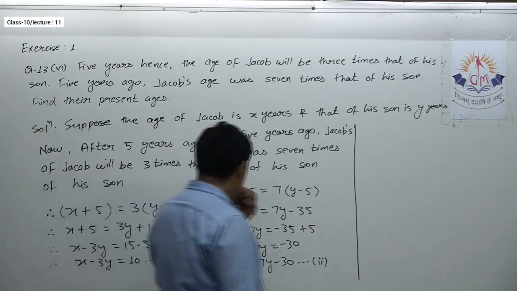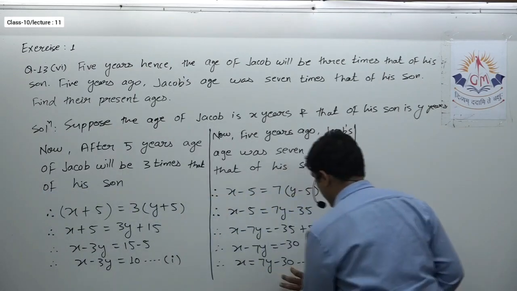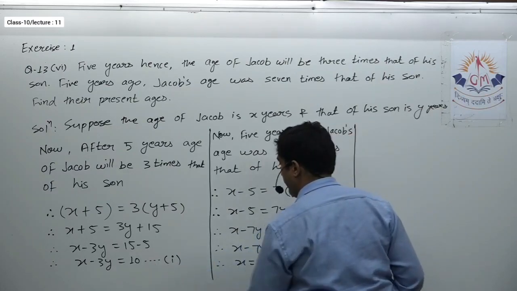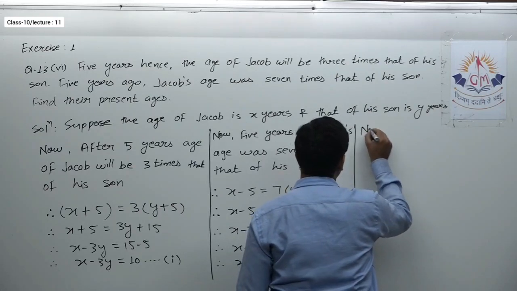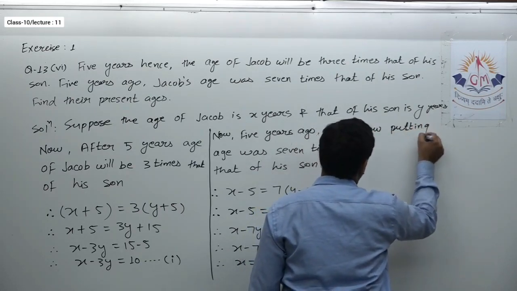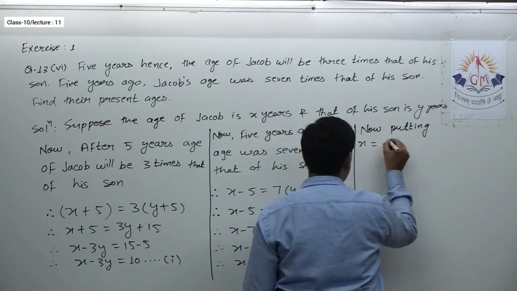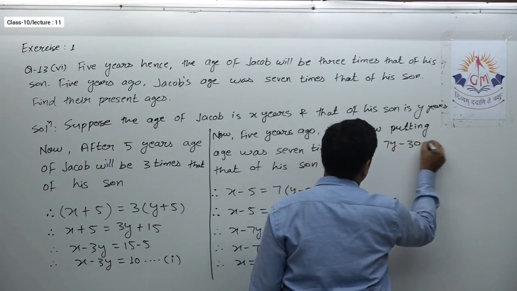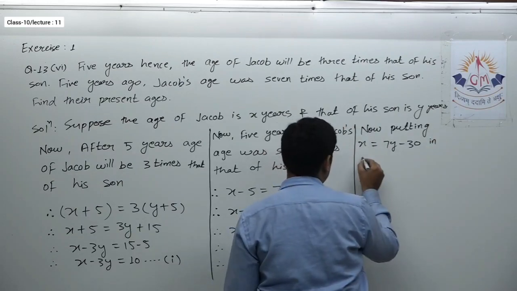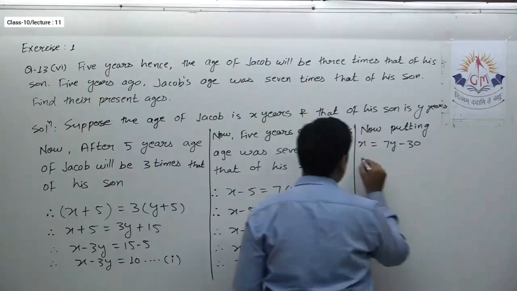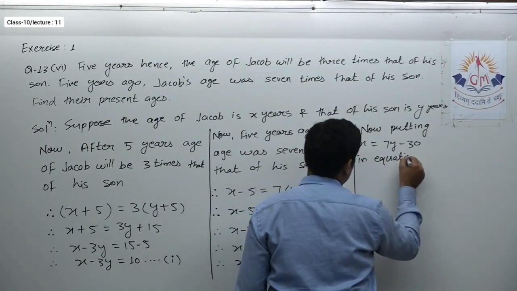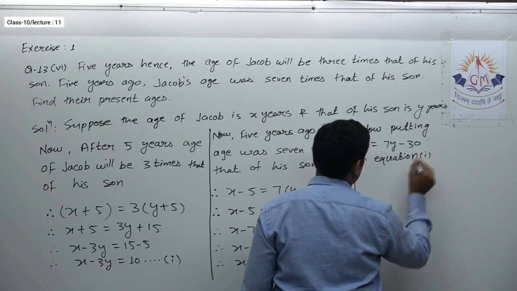Okay, so let us see how to solve it further. Now what we'll do, we'll put the value of x equal to 7y minus 30 in equation 1.